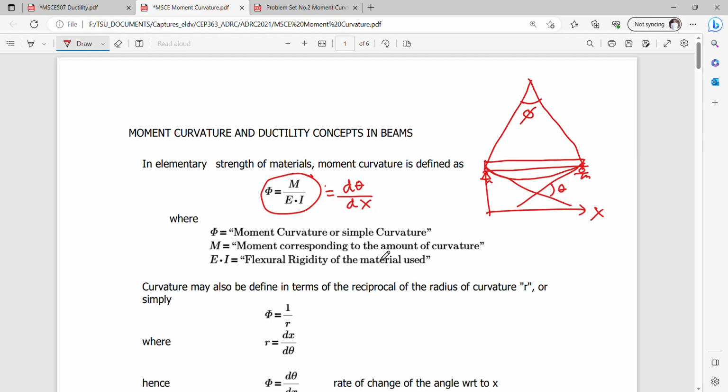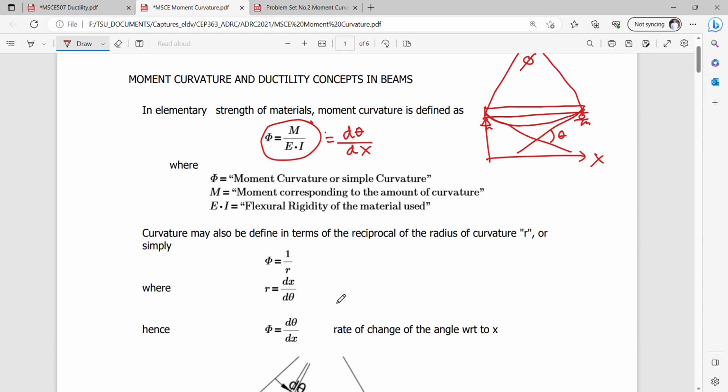But let's talk of a simpler definition in terms of simply the moment divided by the flexural rigidity. If curvature is defined as the rate of change of the angle theta, we can say that the radius of curvature is simply the reciprocal of curvature. So the reciprocal of the radius of curvature is actually your curvature phi.